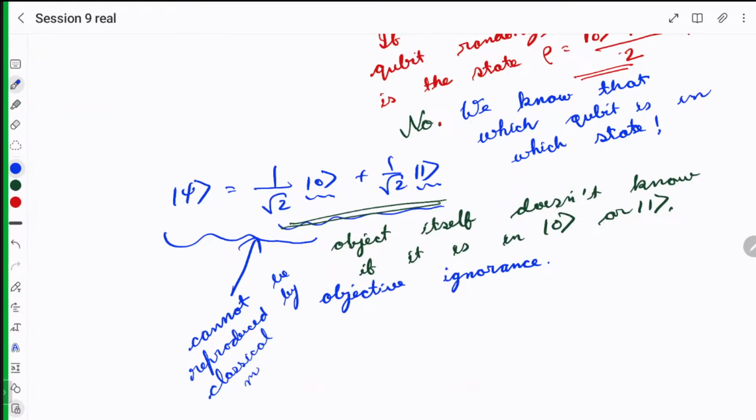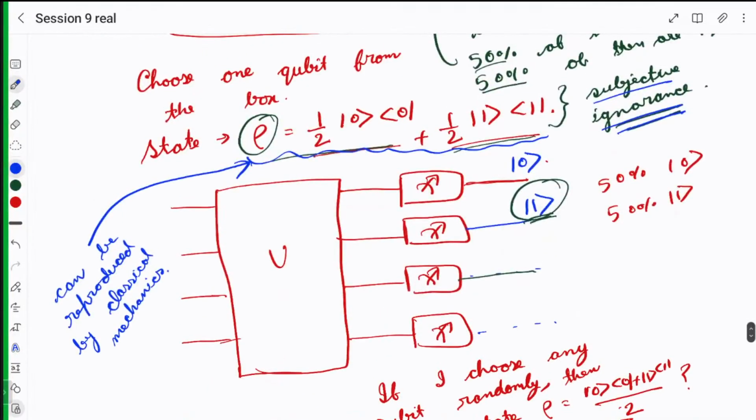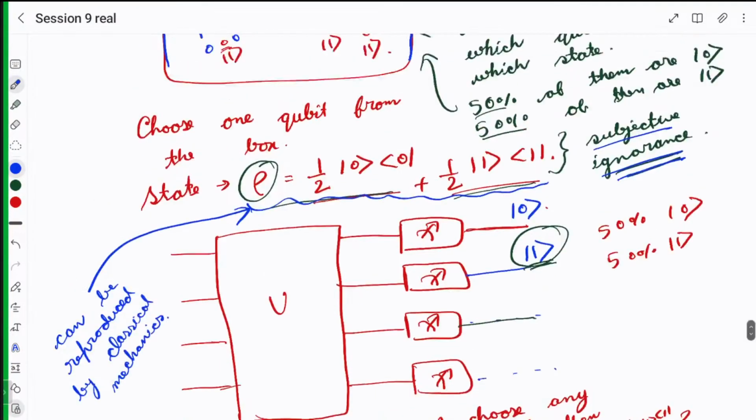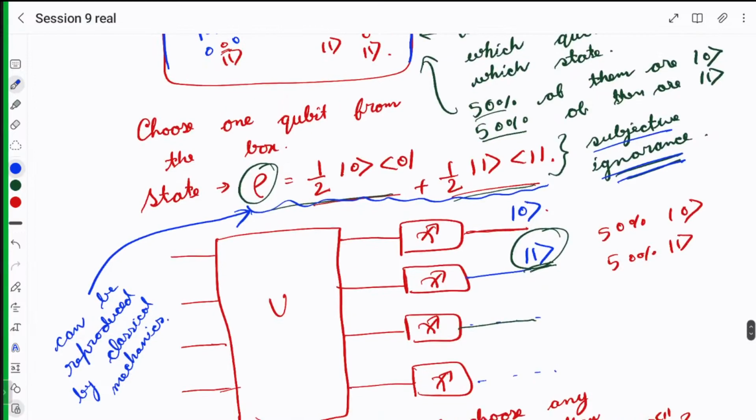And this is something which is very interesting. While objective ignorance is quantum, yes, exactly. So when you have objective ignorance, you can say that it's a quantum superposition. But if there is subjective ignorance, then it's in a mixed state.